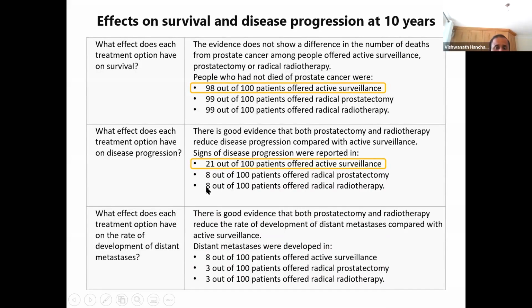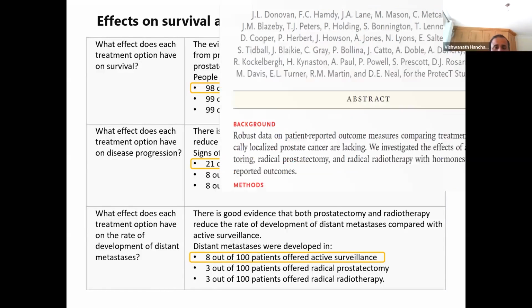On the other hand, it was 8 in surgery and radiotherapy. When you look at the development of distant metastasis, again, slightly higher, but there was no significant difference. It was more or less similar, or a little higher than the radical treatment options.